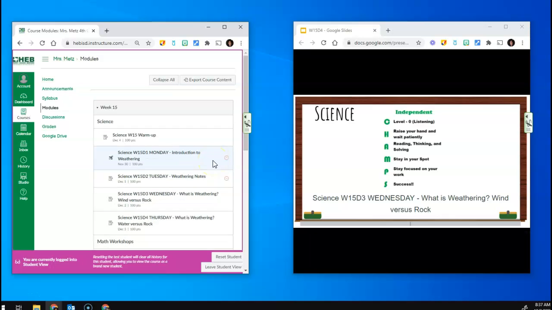So go into, they're locked already. Go into Science Week 15, Day 3, Wednesday. What is weathering? So that we can work on that one.